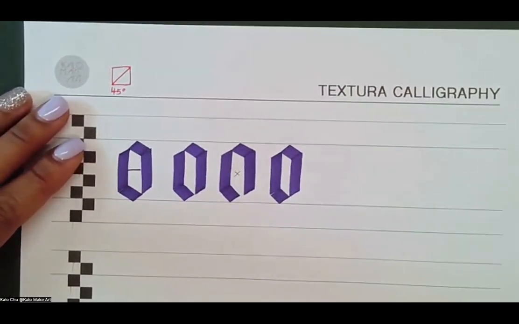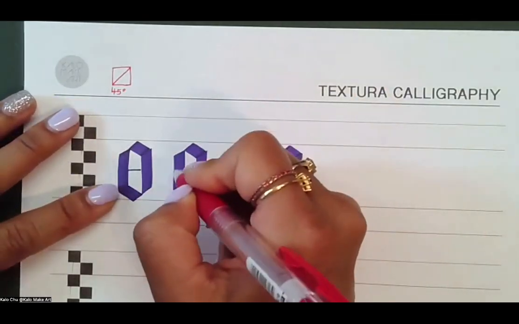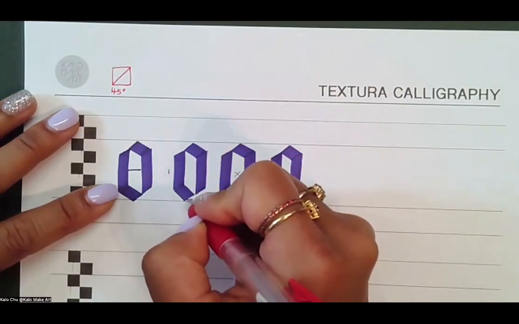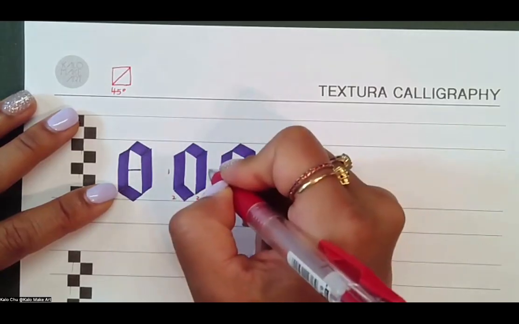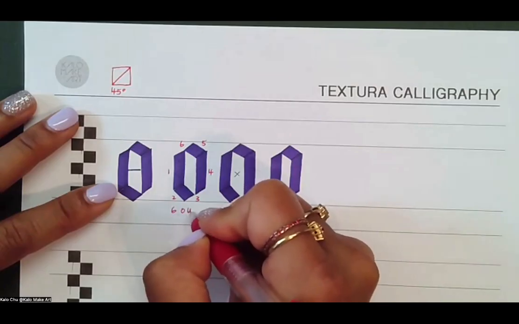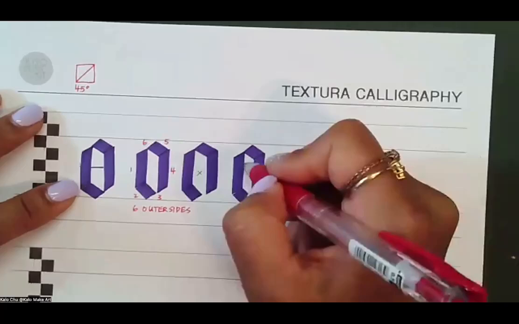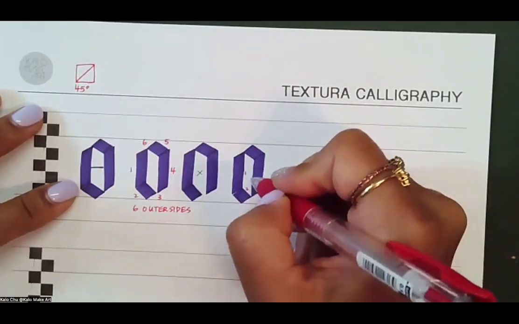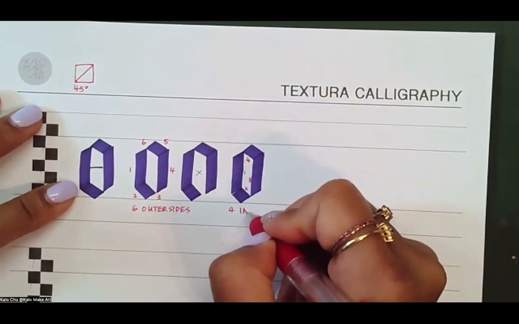Now, what I want to demonstrate here is that in this letter O, you have outside here 1, 2, 3, 4, 5, 6. You can see there's 6 outer sides. Now for the inside, you see there's 1, 2, 3, and 4. So the 4 inner sides.